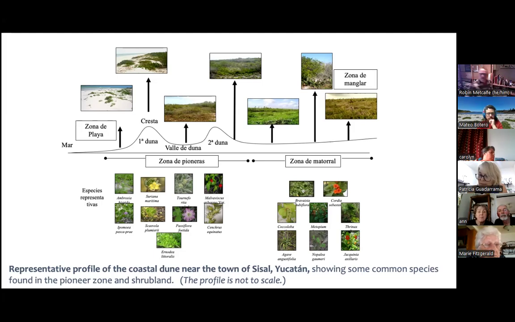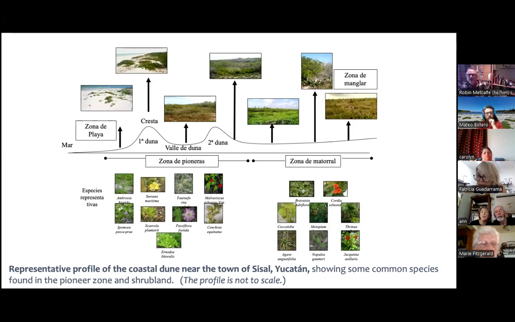Some cover the ground, and small shrubs. Farther from the beach, we find taller plants. Why can we find taller plants like trees? Because the substrate in these areas is more stable and rich in nutrients.